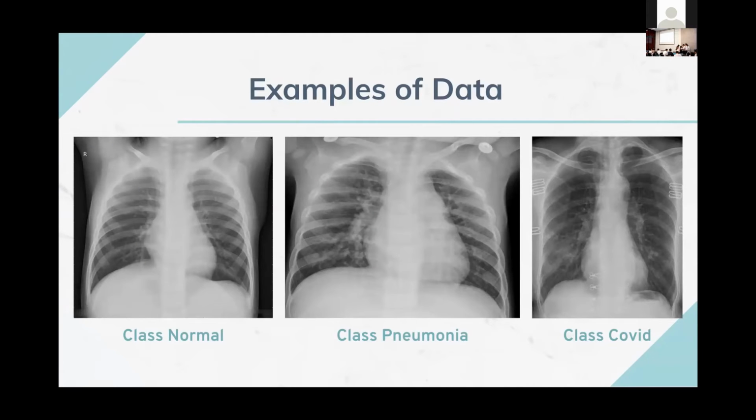We label our data into 3 classes. First one, as you can see, is class normal, people who have normal lungs without any lung disease. The second class is pneumonia, and the third class is COVID.